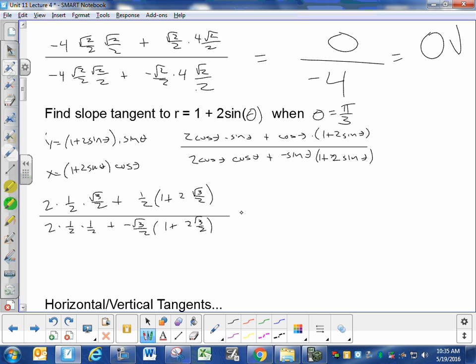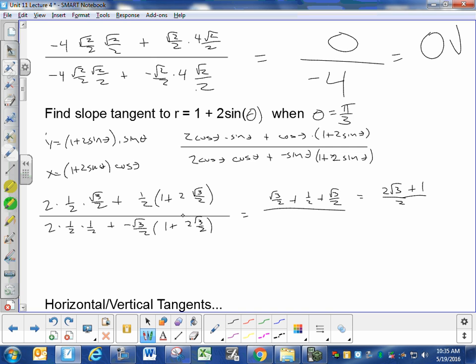Let's just go ahead and try to simplify this so that the calculation can be easily done. This would be root 3 over 2 plus 1/2 plus root 3 over 2, which gives me 2 root 3s over 2 plus 1.